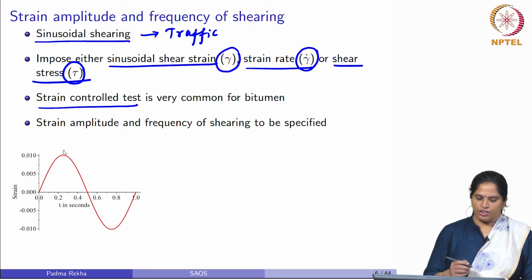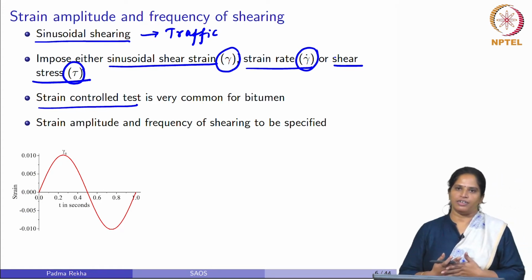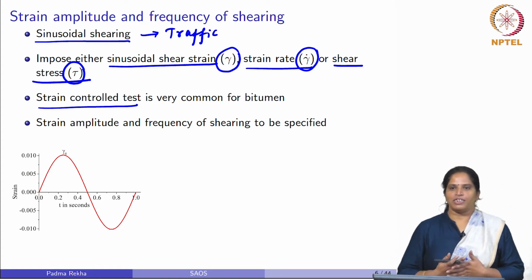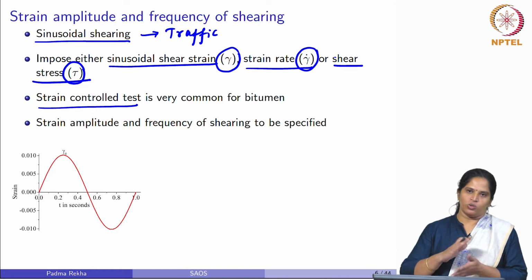So, in a strain control test, we subject the sample to a sinusoidal strain and we find the response of the material. To subject the material to a sinusoidal strain, we have to give 2 inputs. One is the speed at which you oscillate.